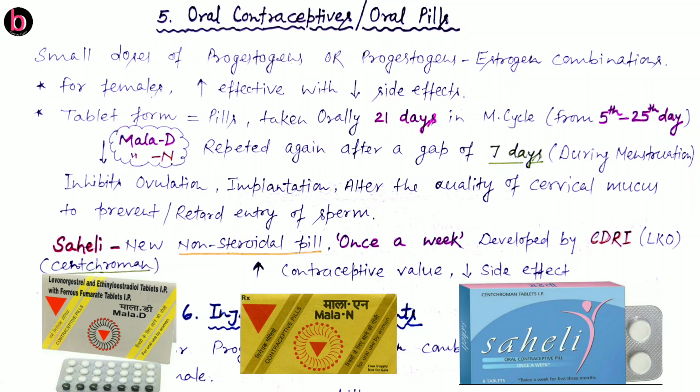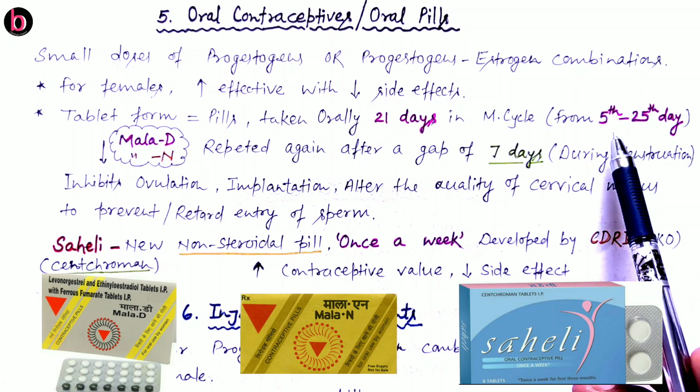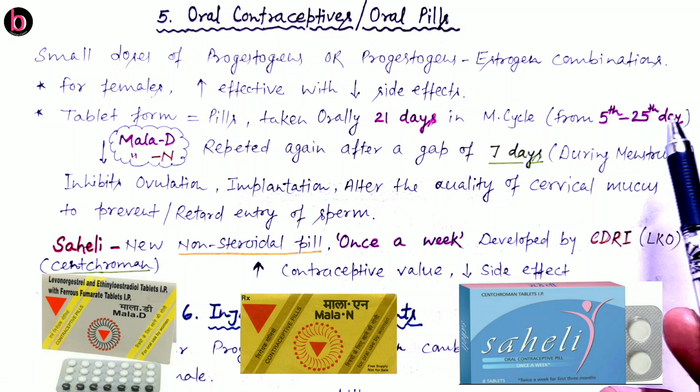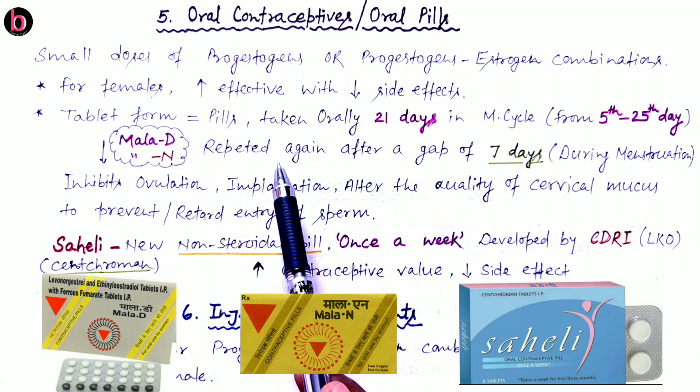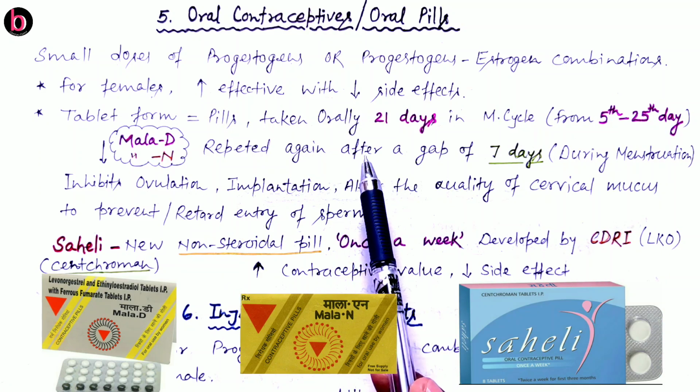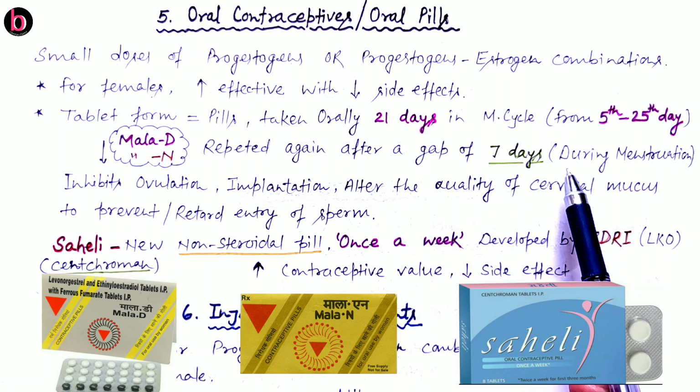From the 5th day onward up to the 25th day of the menstrual cycle, the female has to take these pills, and this is repeated again after a gap of 7 days during menstruation.